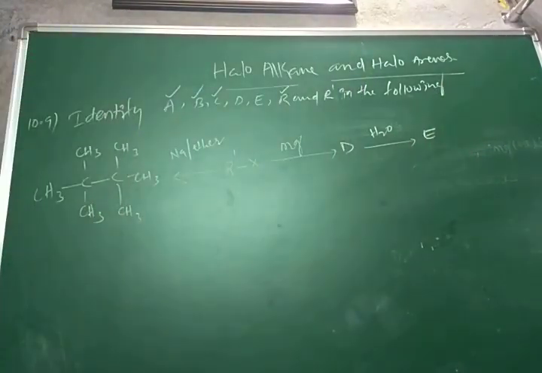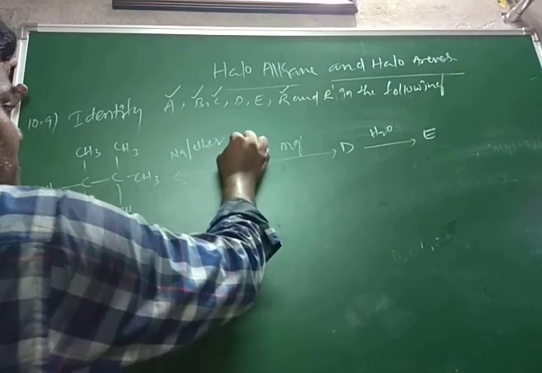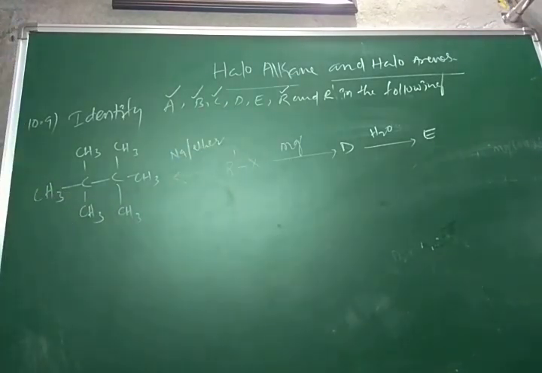So we have to identify these products. First, what is the group of R dash, which is important. Here this reaction is similar to the Wurtz reaction. When a haloalkane is treated with sodium metal in the presence of dry ether, an alkane with double the carbons is obtained.